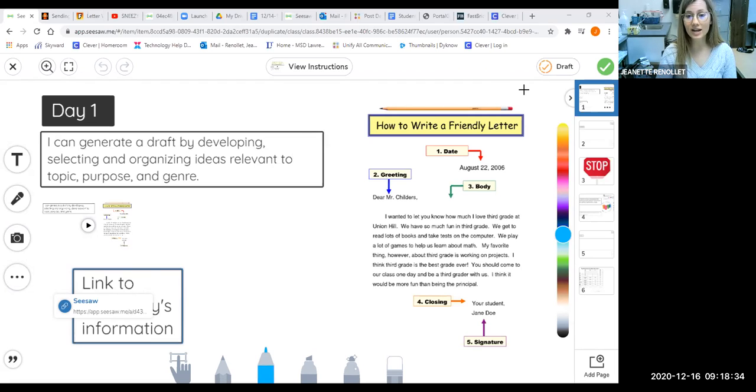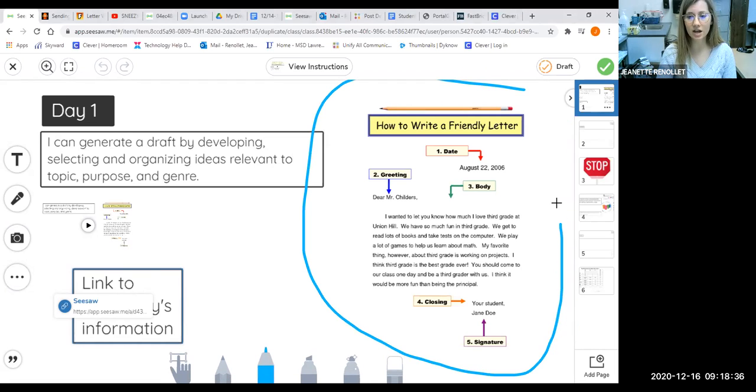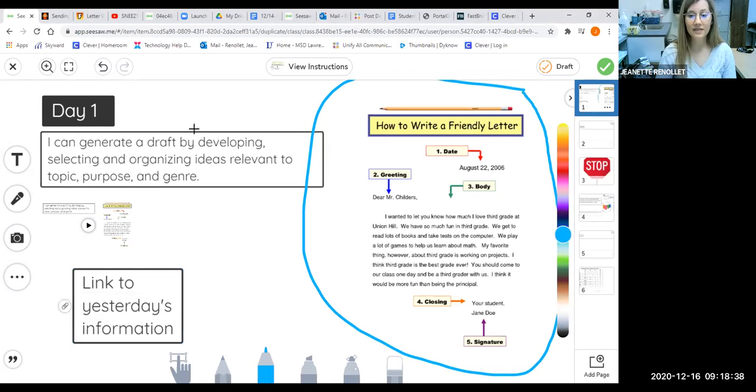Right here, we have how to write a friendly letter. There are 5 parts to a letter. Number 1 is called the heading. You should have the date that you wrote the letter. Number 2 is called the greeting.